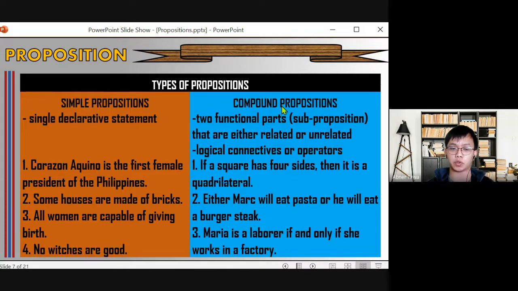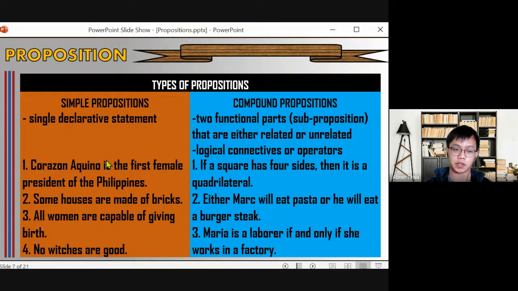From the word compound, it means there are two or more simple propositions. And usually, when we talk about compound sentences, they have conjunctions. But in our case, we are going to call those logical connectives or operators. So the conjunctions used in compound propositions are called logical connectives or operators.